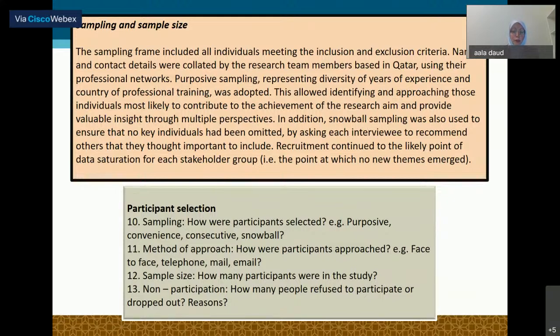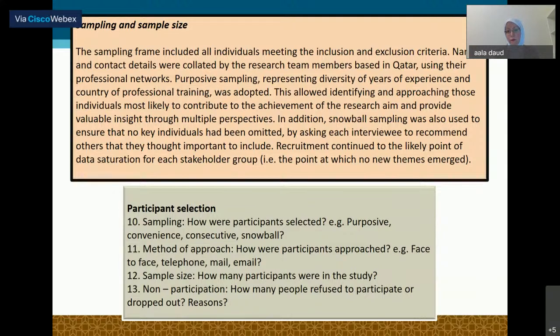So let's look down now at the checklist again and just think about the sampling. How were the participants selected? Was that mentioned? Okay, yeah. The names and contact details were collated, and they were approached using professional networks.